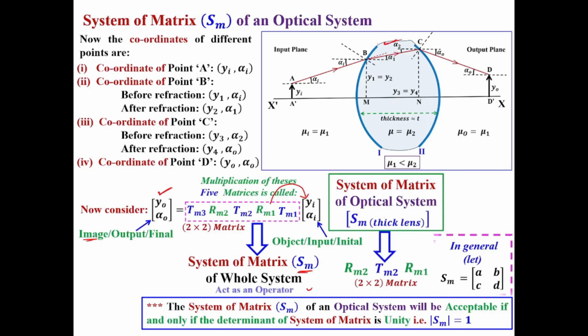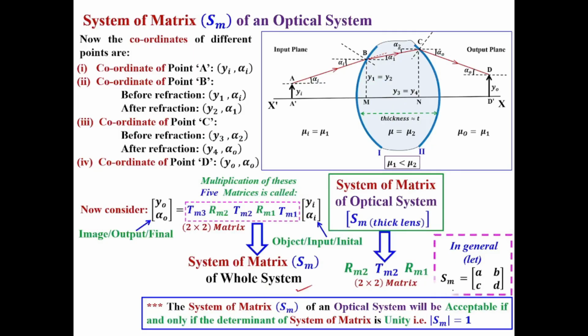Here this SM represents the system matrix of the whole system. But if we consider the system matrix of an optical system that is a thick lens, this one, the system matrix will be the multiplication of these 3 matrices. How that works, we discussed in that class itself. So the system matrix acts as an operator.